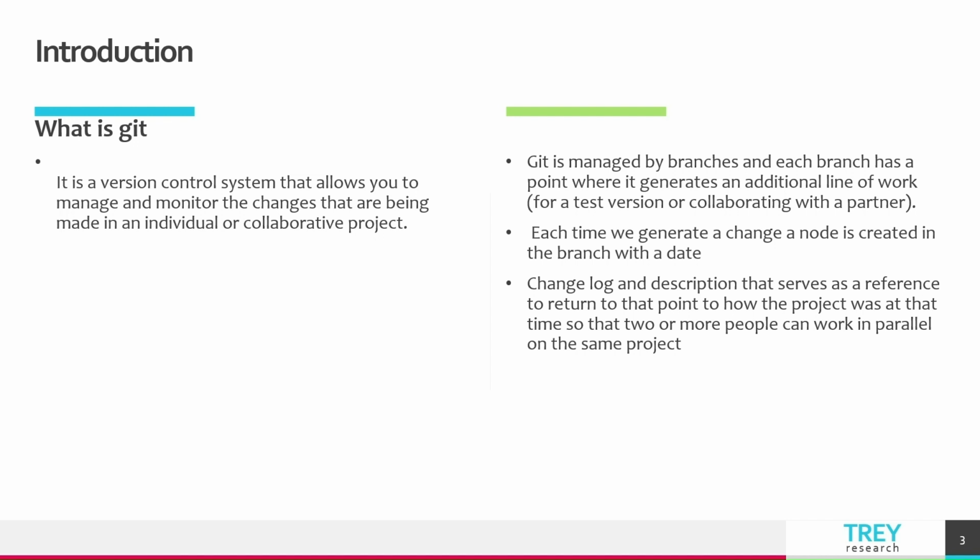Also, I generate a node when I split that line of time in two. Why should I do that? When I am working with a coworker, a partner, or a friend, this person can take a copy, cloning the project and generating a node, and work on an exact version of our project.